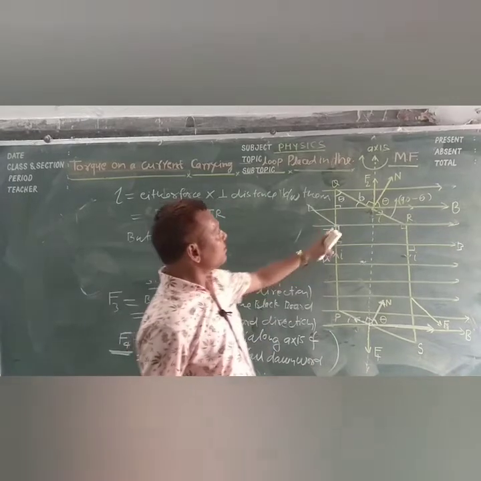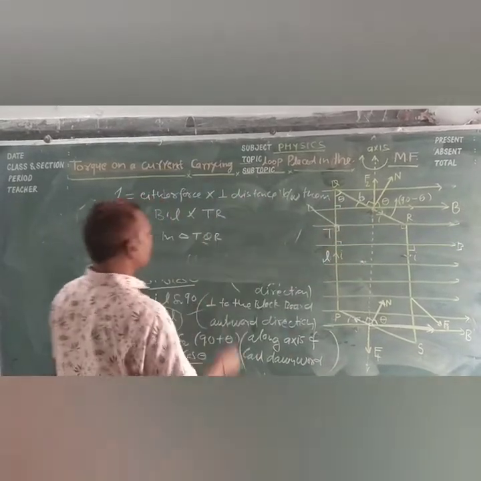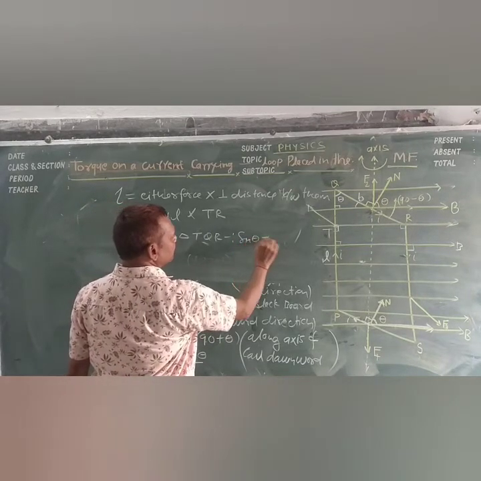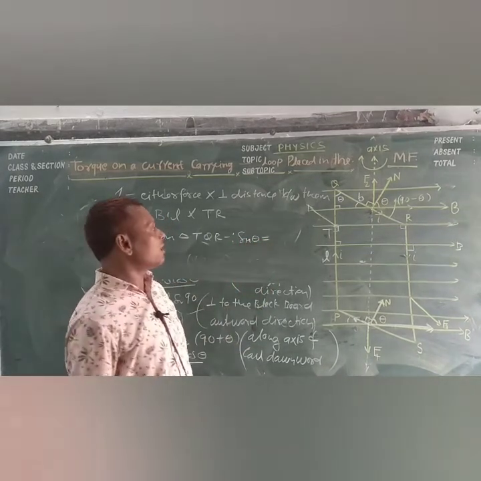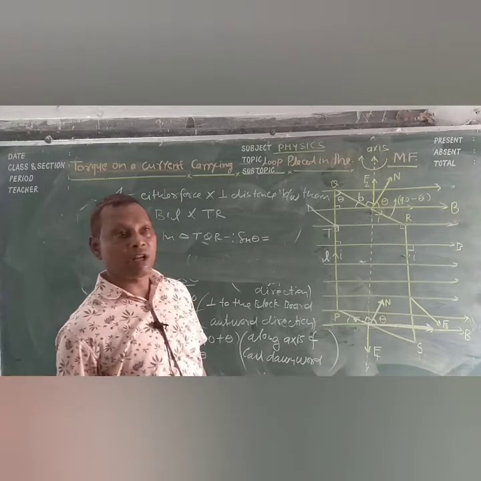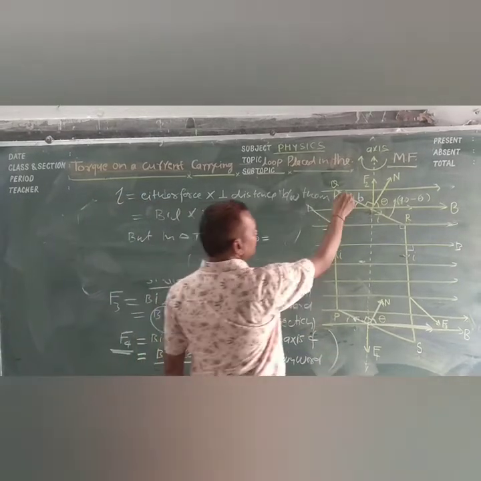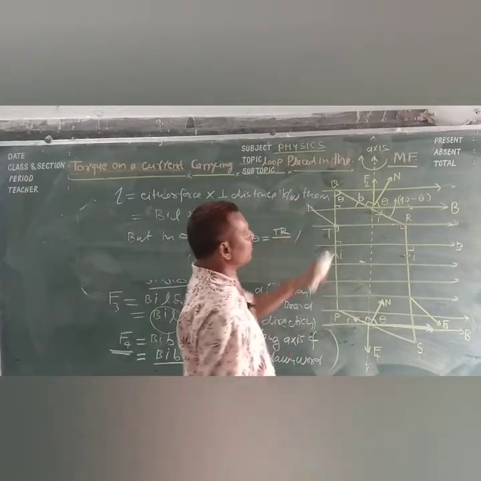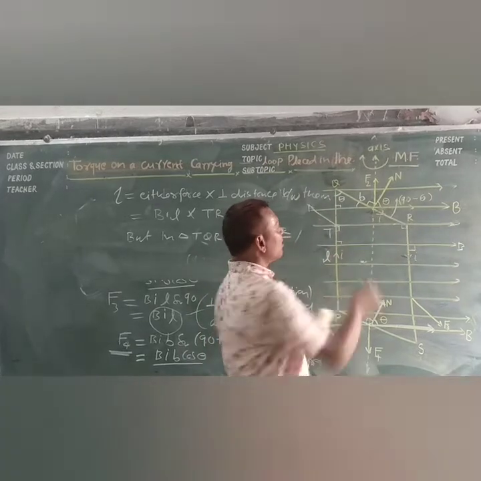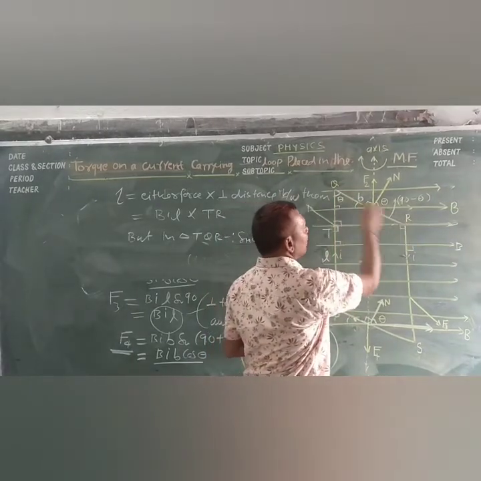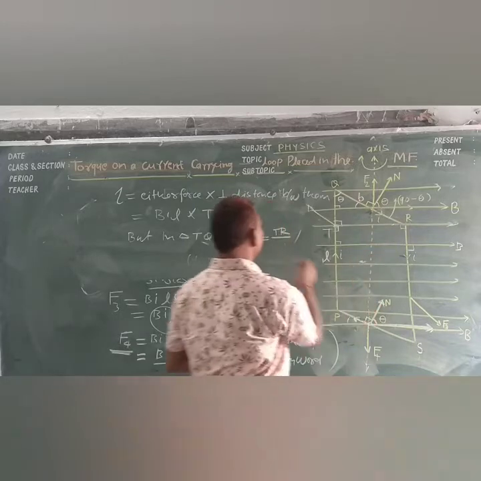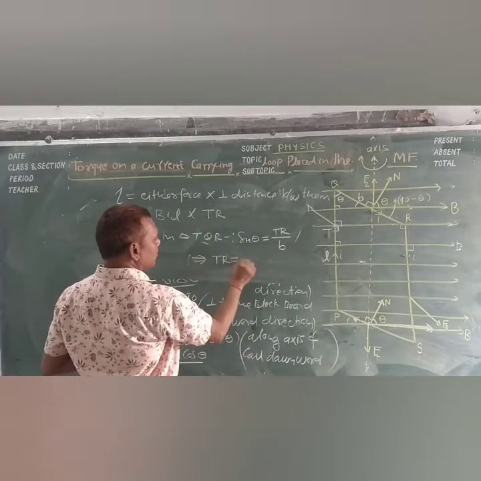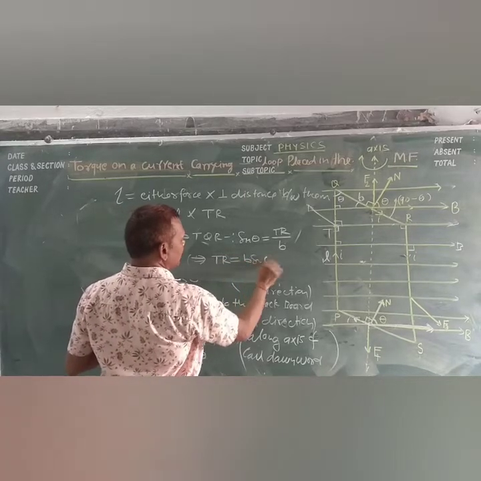So in triangle TQR, what is the value of sine theta? It is equal to perpendicular upon hypotenuse. This is the angle, so perpendicular will be PR and hypotenuse will be QR, the side opposite the 90 degree angle, and it is equal to b. So PR equals b sin theta.